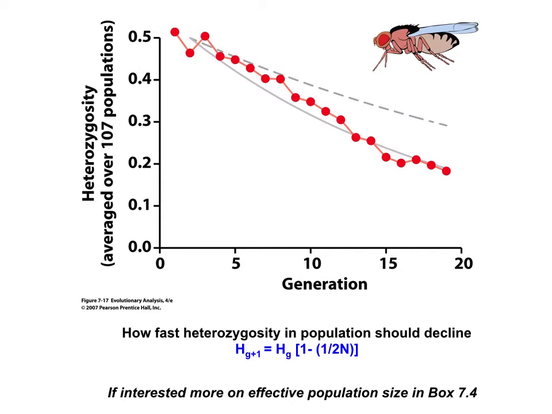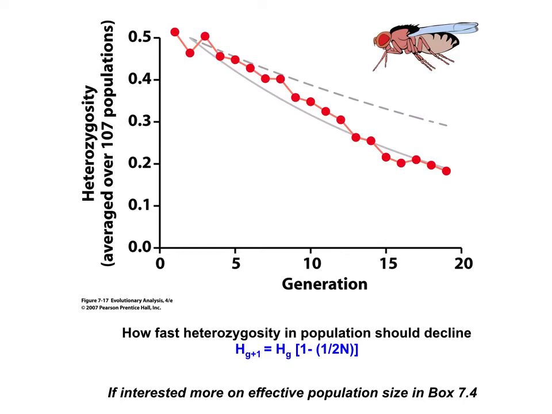So as the population size goes down, right, that's going to approach that 1/2, and then that's going to make it so that your heterozygosity goes down. So smaller populations are going to give you a larger decrease in heterozygosity in that next generation. And here we have our experimental data there in the red, and then the dashed line there shows the theoretical prediction, based on that equation at the bottom, of the decline in heterozygosity based on a population size of 16.